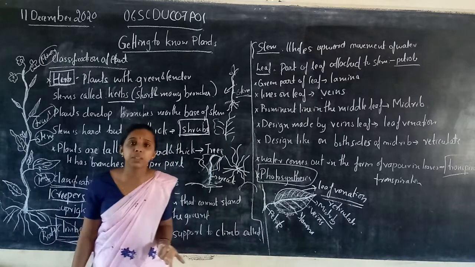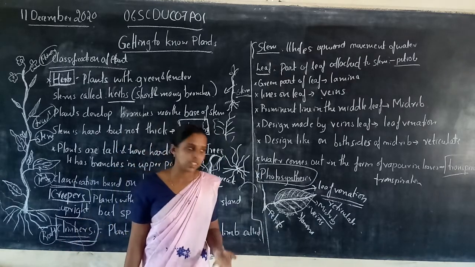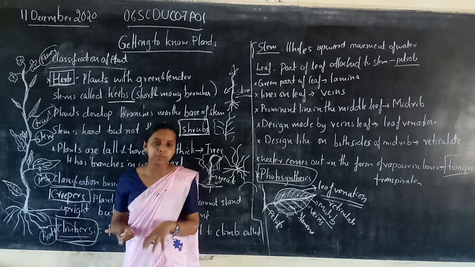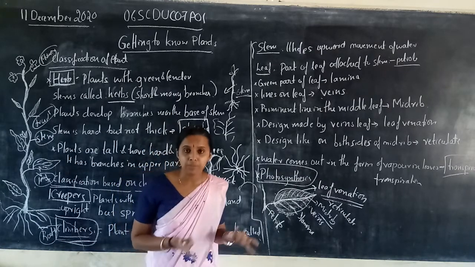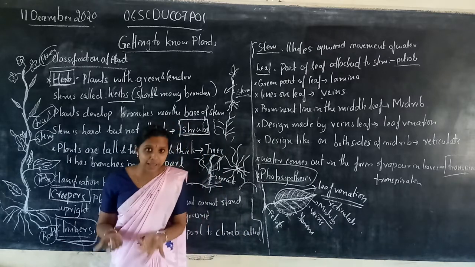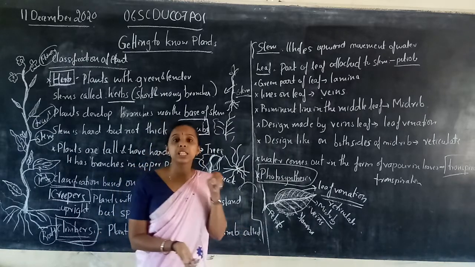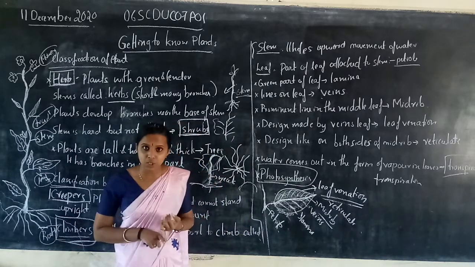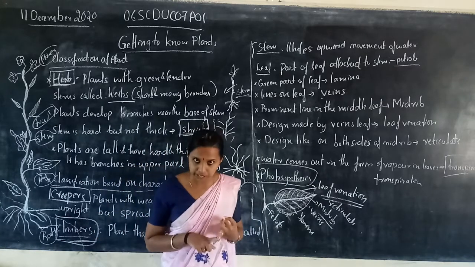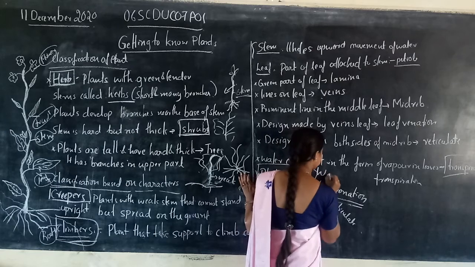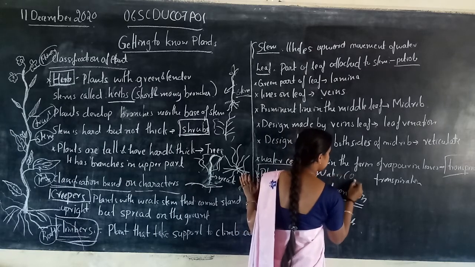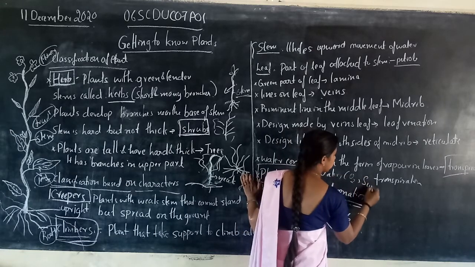Next, photosynthesis. What is the meaning of photosynthesis? The food is prepared by the plant in the leaves, right? The leaf is the food factory of the plant. The food is prepared in the plant in the presence of water, carbon dioxide and sunlight.